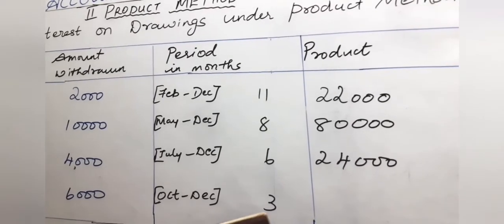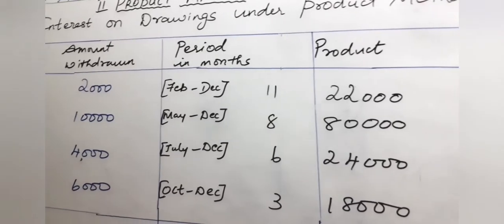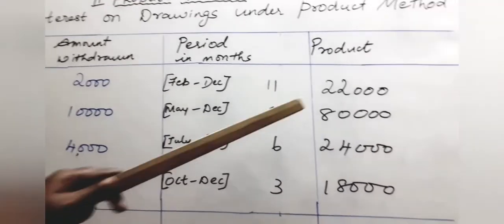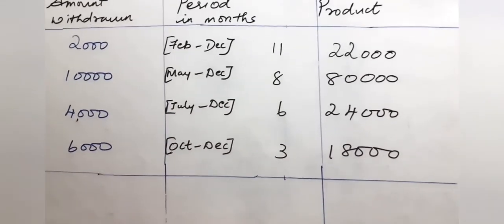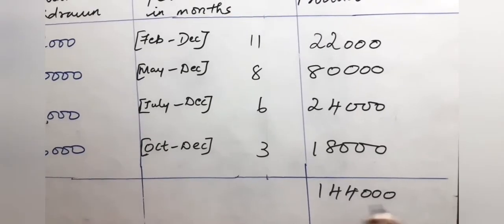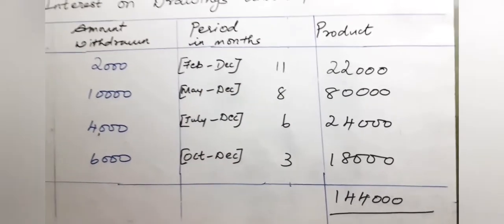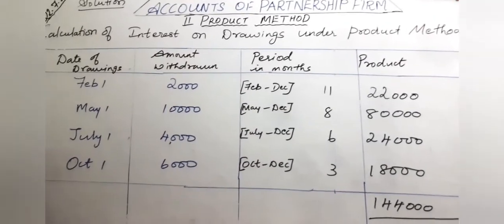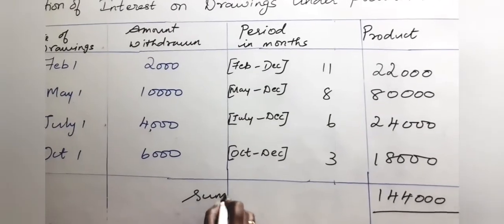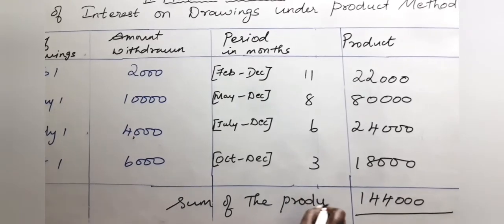Next 6,000 into 3, you get 18,000. You got me, students? So when you total this product, the amount will be 1,44,000. Okay children, so this 1,44,000 is the sum of the product. So you can write here, sum of the product is 1,44,000.